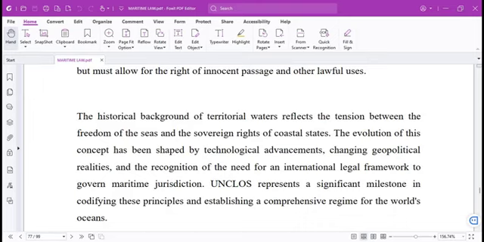The United Nations Conference on the Law of the Sea, UNCLOS, represents a significant milestone in codifying these principles and establishing a comprehensive regime for the world's oceans.